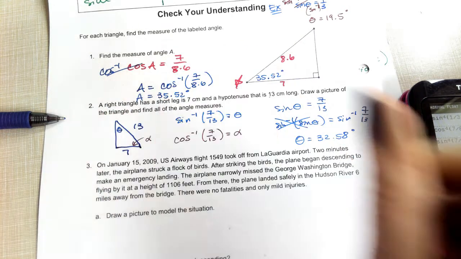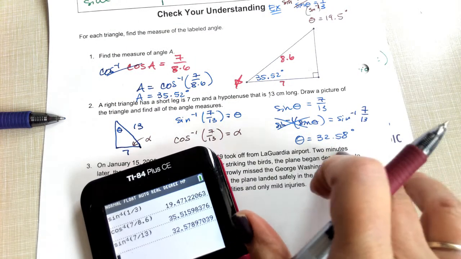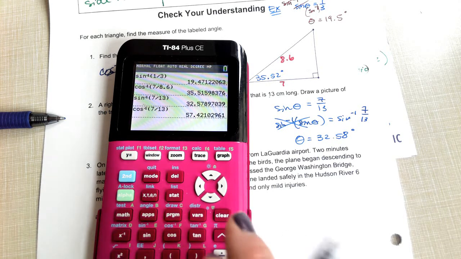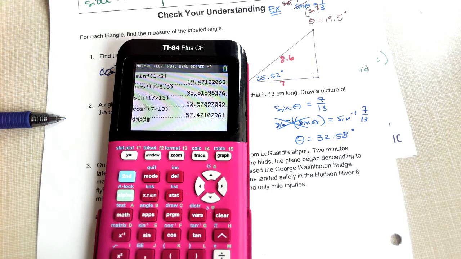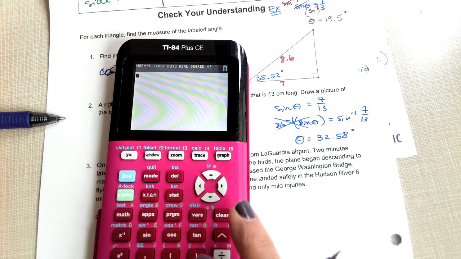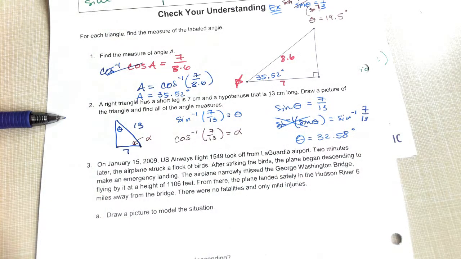I'll say that that's alpha because it's going to be the complement of this. So if I found the other angle with trig, second cosine of 7 over 13, it will be 57.42. What's 90 minus 32.58? Oopsie. 90 minus 32.58 is 57.42.